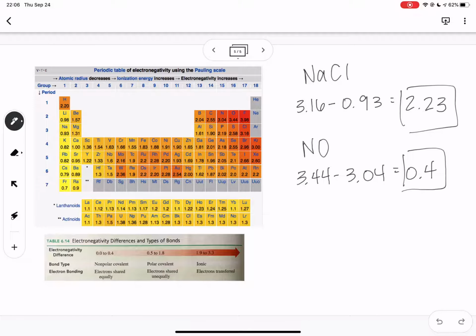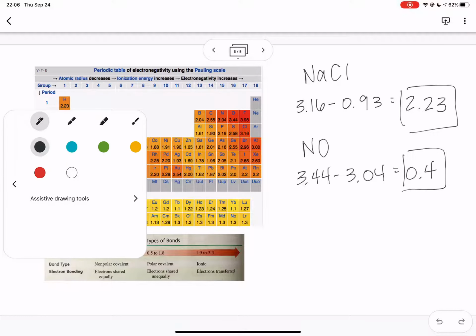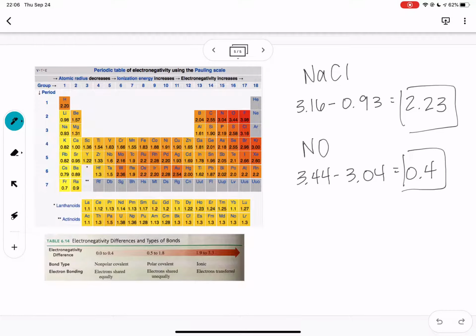Last, this was the section in the book that I was saying don't get too heavily involved in because you're not going to use a lot of that information. The main thing is that I want you to understand the electronegativity trend, which is that electronegativity increases as you go across a period and decreases as you go down a group.